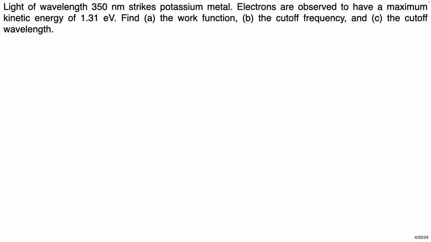So how are we going to find the work function and these other things that I haven't told you about yet? Well, we know in the photoelectric effect that the maximum kinetic energy that any charge can have is equal to the photon's energy minus the work function. So if we want to know what the work function is, we need to take that photon energy and subtract our kinetic energy.